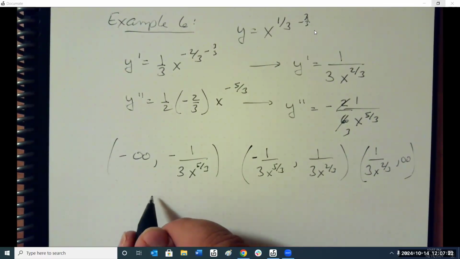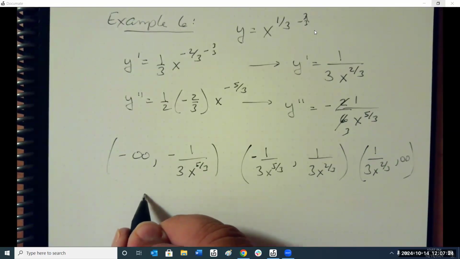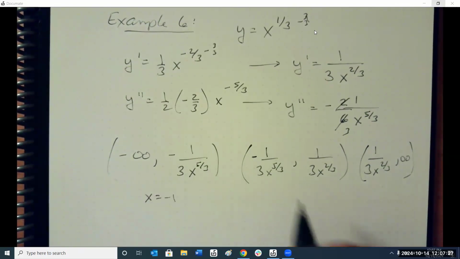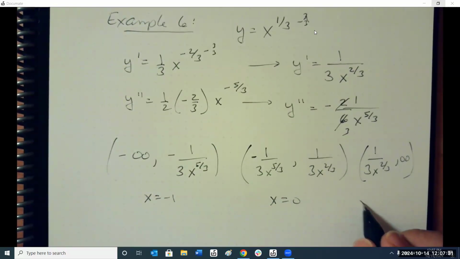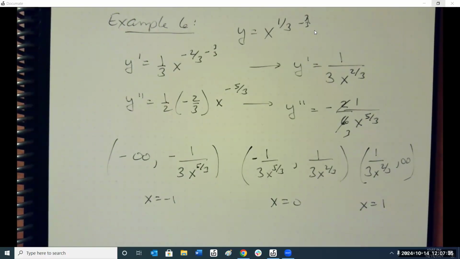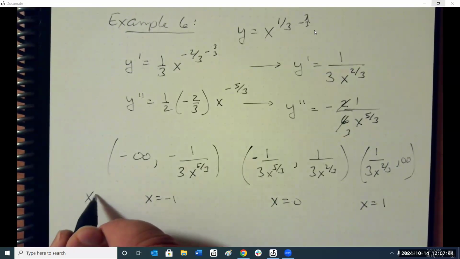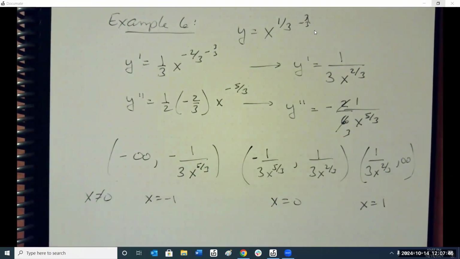So let's try negative 1. Let's try 0 here. And let's try 1. It's just that x cannot equal 0.